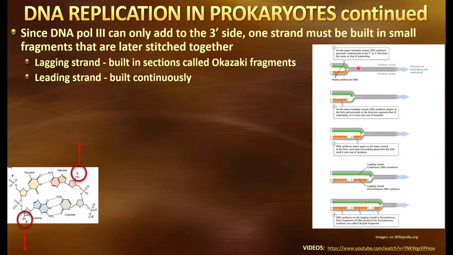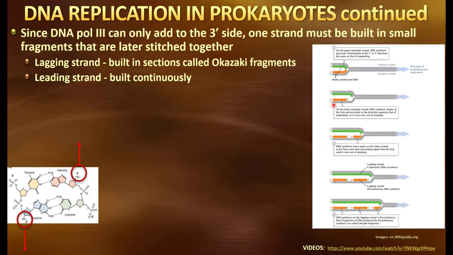As helicase opens this up and unzips it, what is exposed right there is 3'. So we're in good shape. It exposes a 3'. I can bring in a new nucleotide base using my polymerase III and attach it, and everything is fine. That is called my leading strand. My leading strand I can continuously replicate. I just keep opening it up and it just keeps going down.